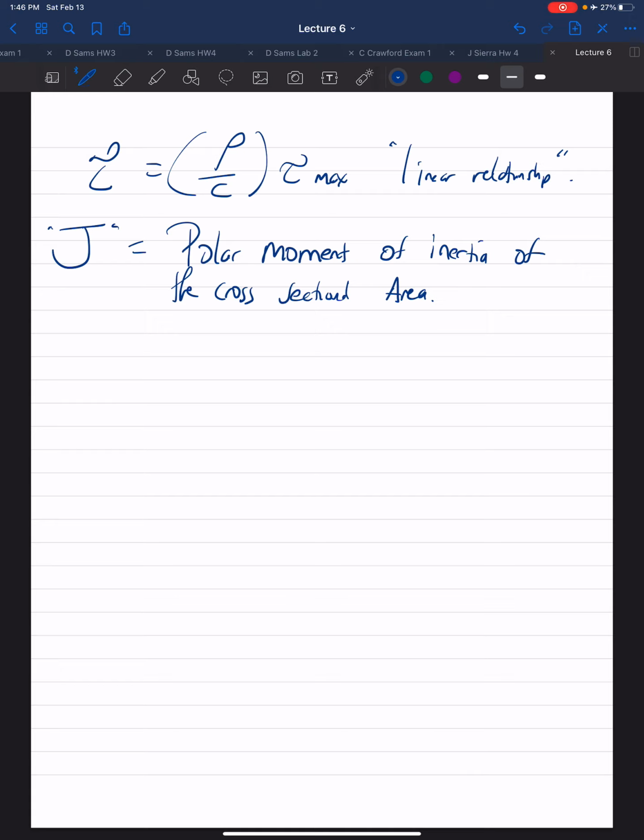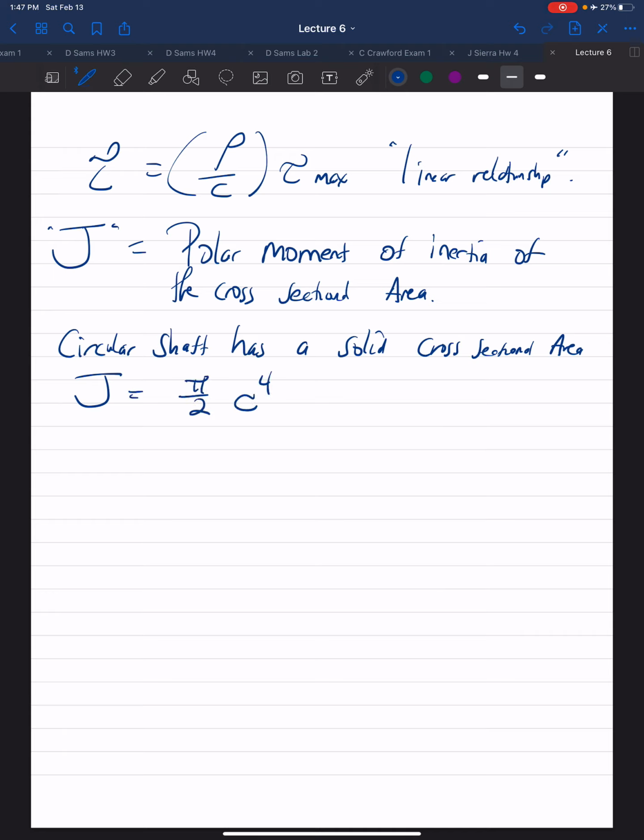So if a circular shaft has a solid cross-sectional area, then the polar moment of inertia, J, is defined as pi over 2 times the radius C to the 4th power. This is for a solid circular shaft.